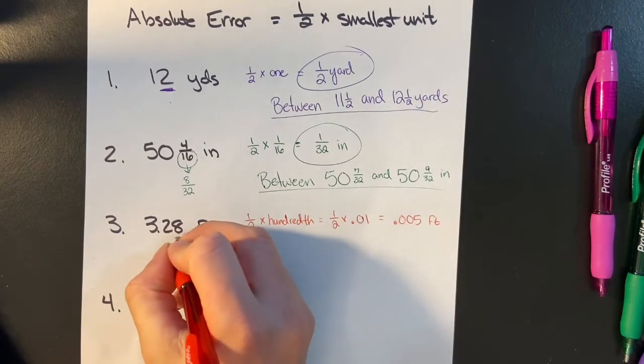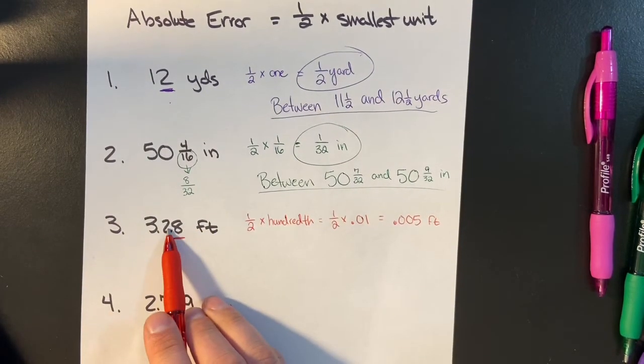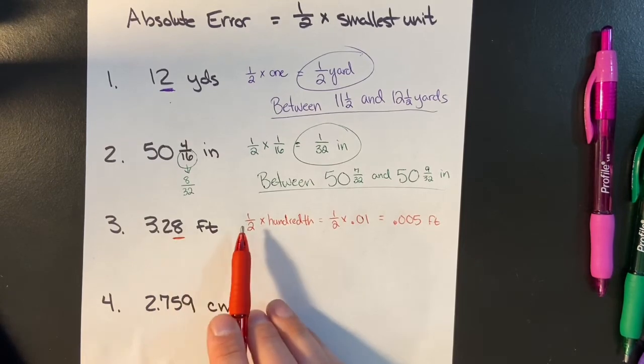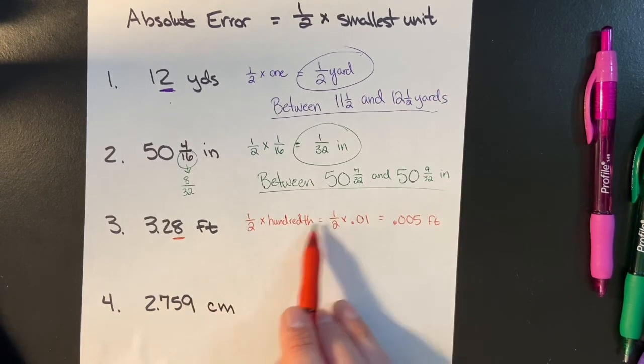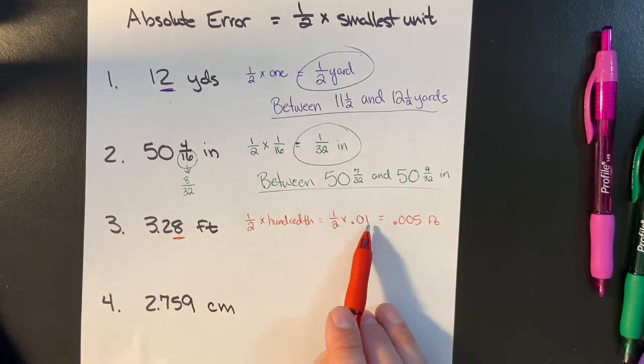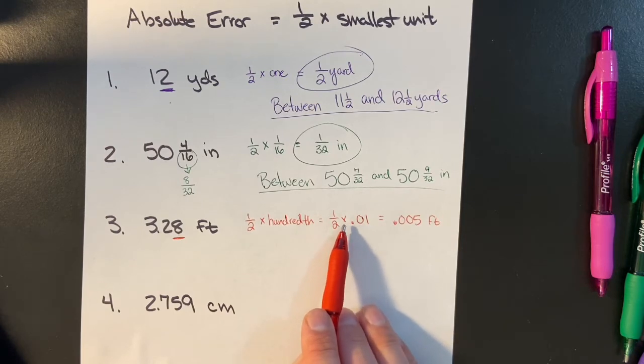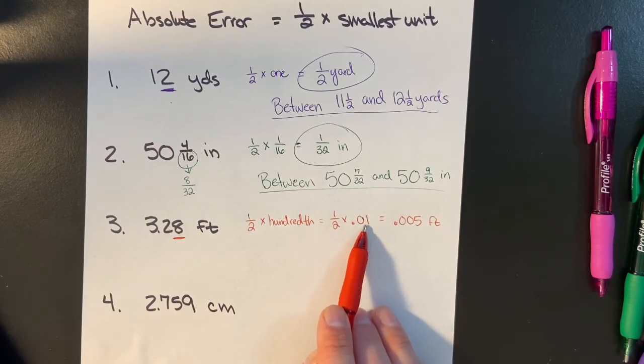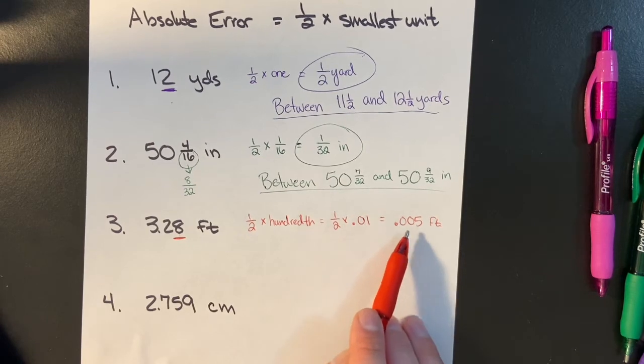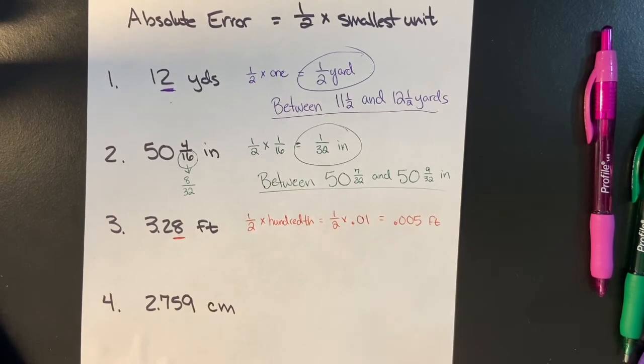Again, my smallest unit is not the tenth, but the hundredth. So half of a hundredth is half of 0.01, or if you think of it, 0.010. And so half of 0.010 is 0.005.